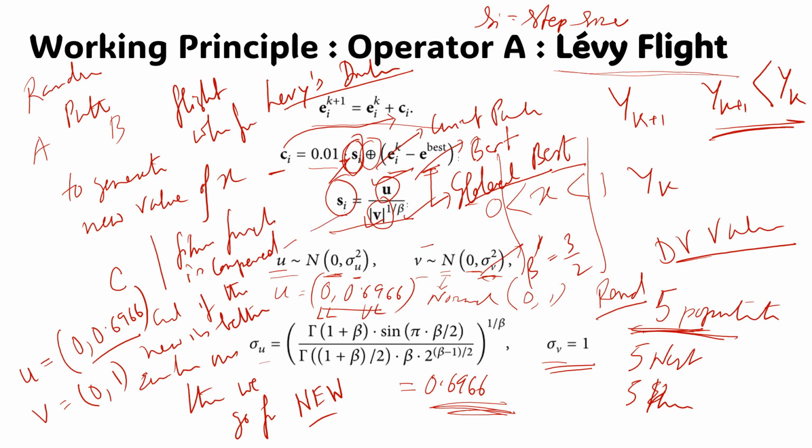Then you put U by V to the power 1 by beta. Beta is already known, it is around 1.5. So you get S_I for 2 random values and 1 different value. Then you go to this step and find 0.01 into S_I plus A. All are used to find C_I, and this C_I will be put here to find E_I^(k+1).